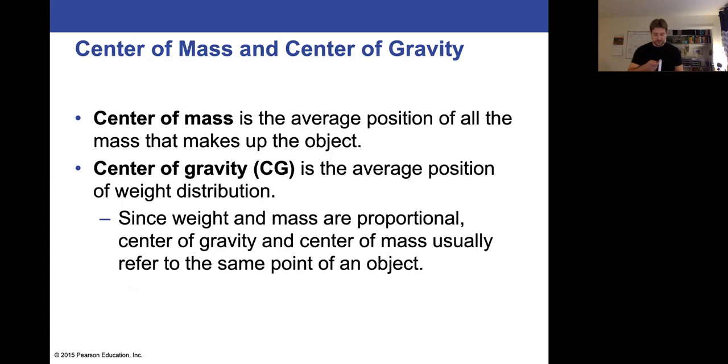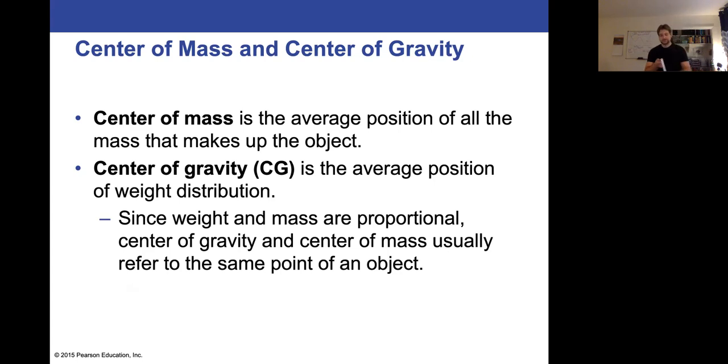Because the center of gravity and the center of mass for most objects are the same point. This is hardly surprising. Since this object is symmetric, I expect the center of mass to be somewhere on the center line, because center of mass is the average position of all the mass of an object.